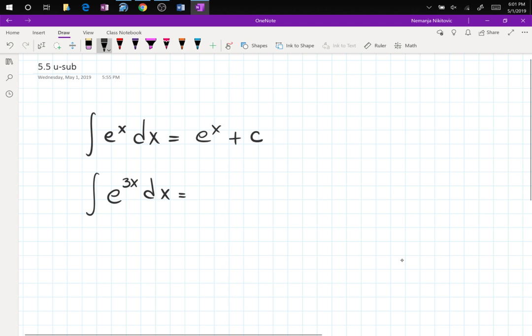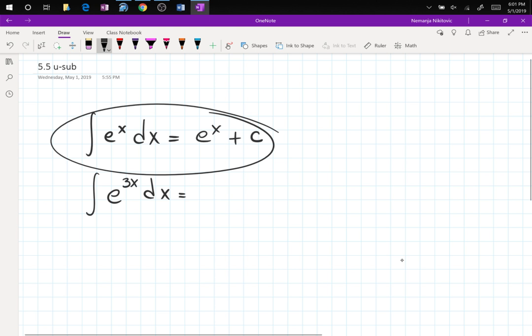U substitution is like having a bad attitude. Oh, this problem would be so easy if this stupid thing over here was just one variable, like U or X or Y or whatever. If this exponent was a single variable, then I would not have to bother myself with this.